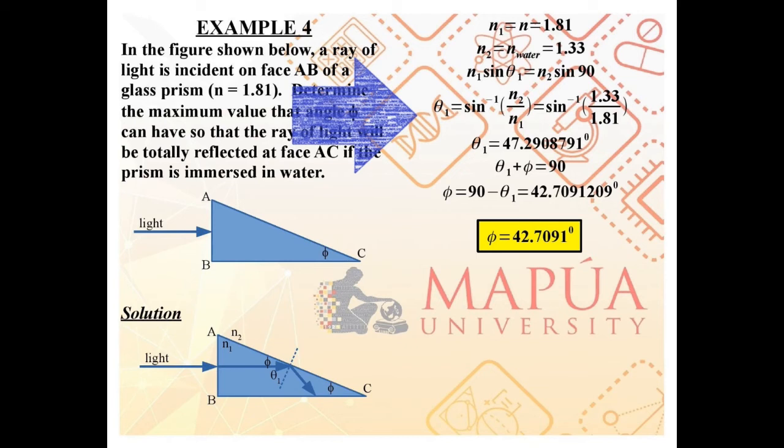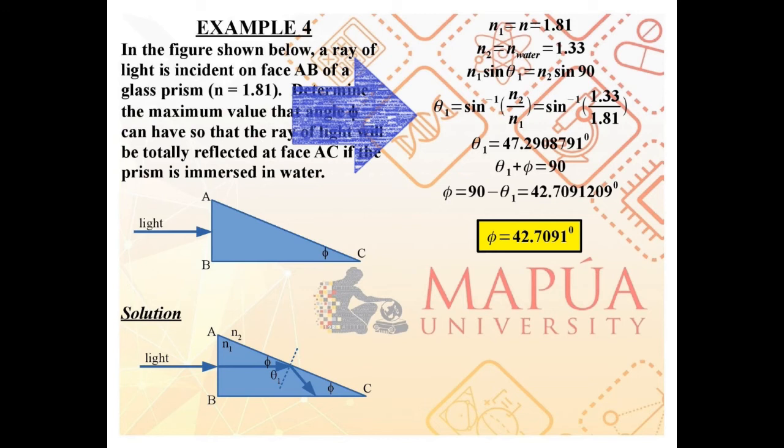First, light enters the glass prism, so from water to the glass prism. Since, as shown in the figure, the ray of light is perpendicular to the interface, so it's parallel to the normal line, if you apply Snell's law, the light will simply pass through the interface, with no change in the direction of the beam of light.